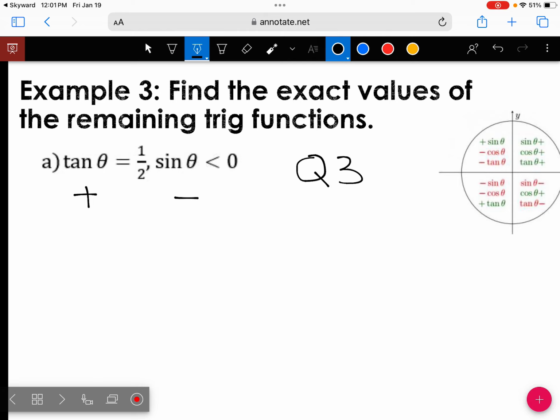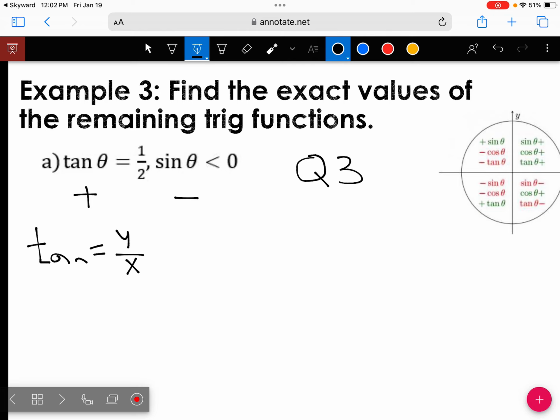So now then we look at tangent, because tangent's the one that gives us kind of the more information, right? It gives us that exact value. And so with that exact value, it said tangent equals 1/2. So what's tangent in terms of x and y? Yep, so for a problem like this, and this is a super vital step, we think of tangent as being y over x.